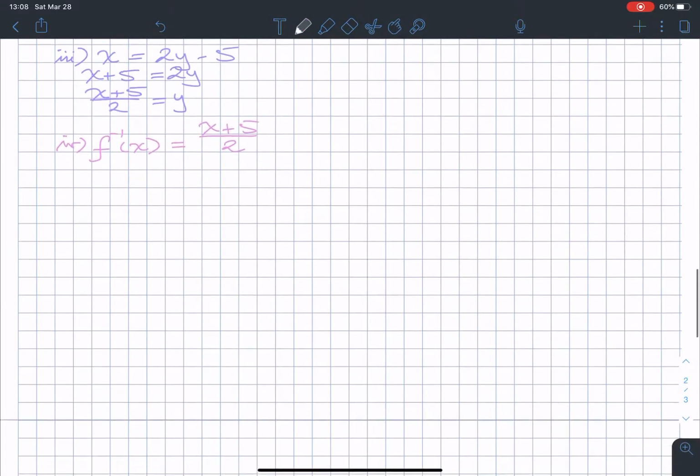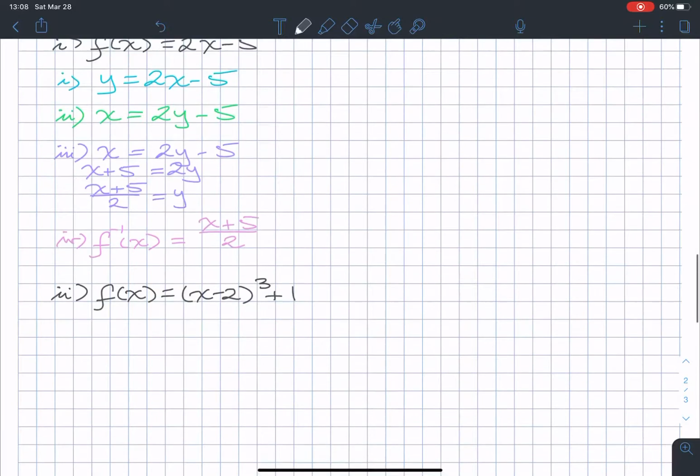So number 2. Let's say we have that f of x is equal to quantity x minus 2 cubed plus 1. So this function subtracts 2 from the input, cubes it, and then adds 1. So I bet we're going to subtract 1 from the input, take the cube root, and then add 2.